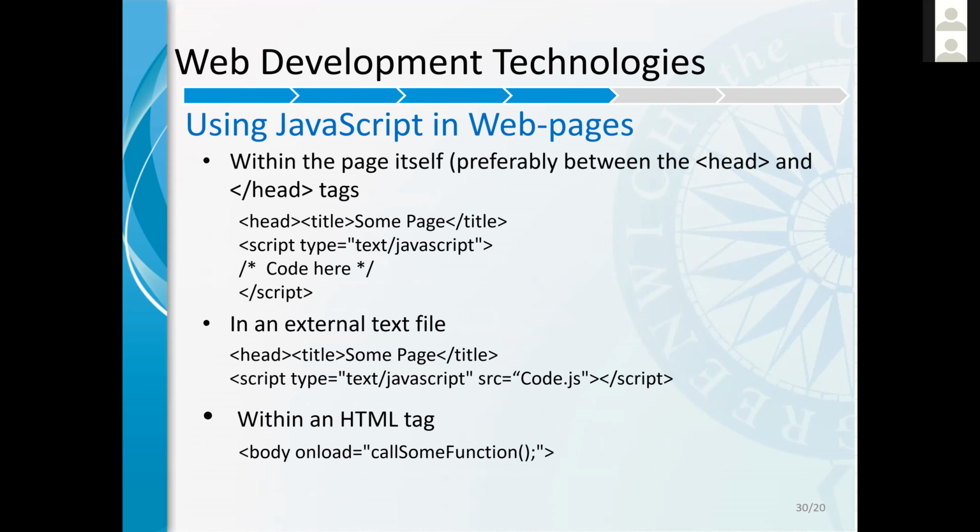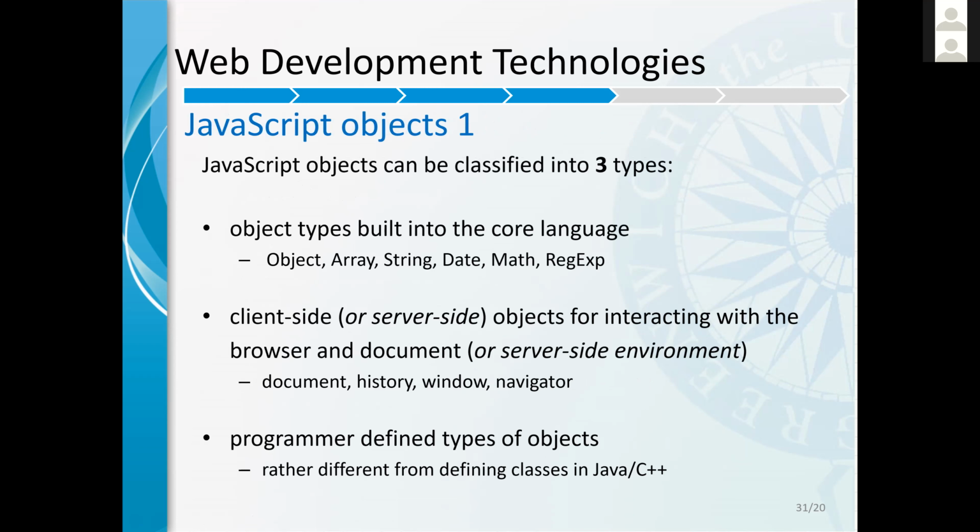There are three types of objects. We have objects that are built into the core language, things like array, math, regular expression, strings. You can have client-side or server-side objects for interacting with the browser document, like window, history and such. And programmer-defined types of objects, which are different from defining classes in Java.